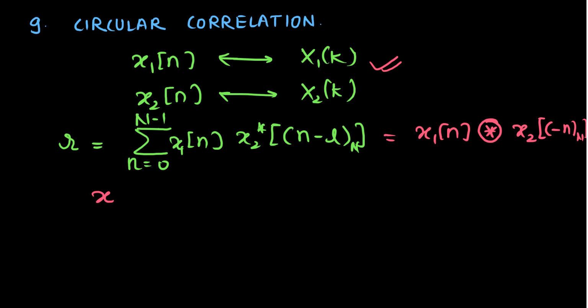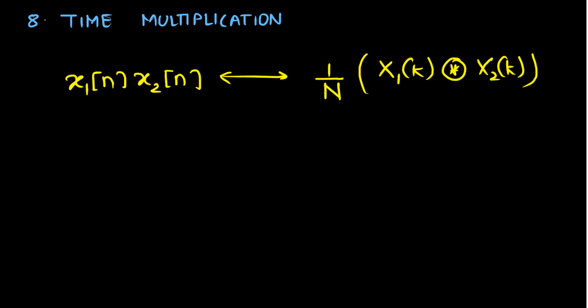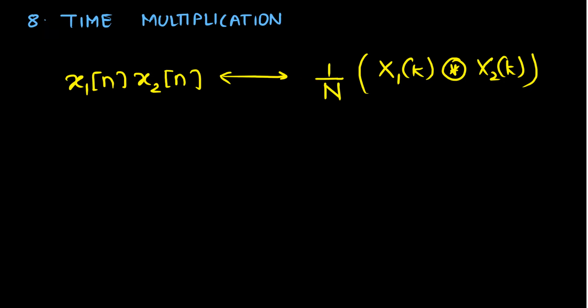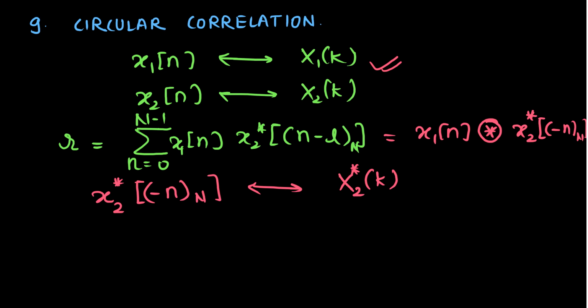Moreover, using the flipping property, we have a conjugate here. So using this conjugate property in the frequency domain, x2 conjugate of minus n modulo N will have the DFT X2 conjugate of k. We have taken this from the property that if we have x conjugate of minus n modulo N, then we get conjugate in the frequency domain. So the DFT of x2 conjugate of minus n modulo N would simply be X2 conjugate of k.